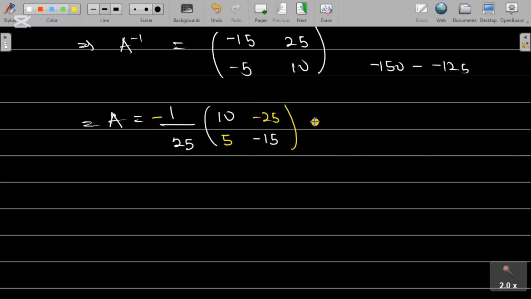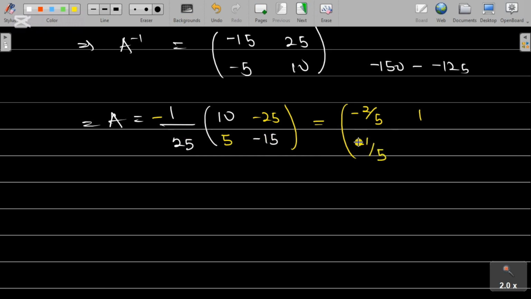So that minus 1 over 25 will now come in here to multiply. If you divide this, you're going to have minus 5 into 10 is 2, so you have 2 over 5. Here you will have 1, because this will be minus 25 all over 25, this times this will give you positive 25 over 25, while this times this will give you minus 5 over 25, which is minus 1 over 5.